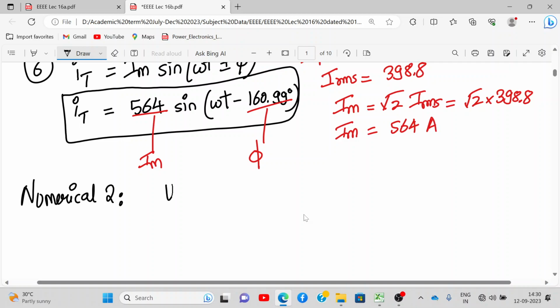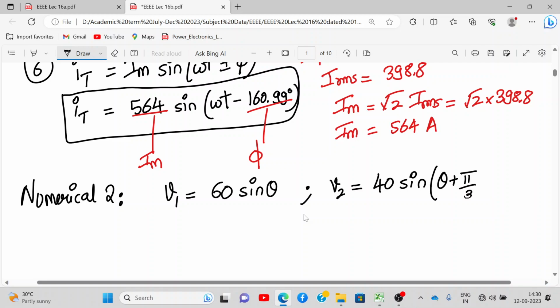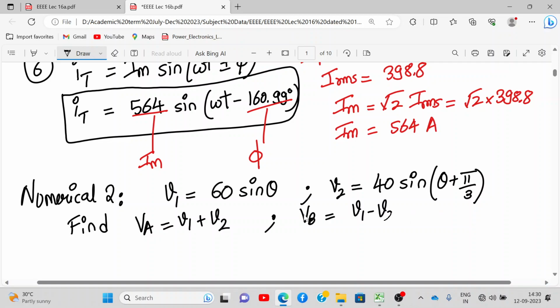Numerical number 2 says V1 is 60 sine theta. V2 is 40 sine of theta plus pi by 3. Find VA equal to V1 plus V2 and VB equal to V1 minus V2.